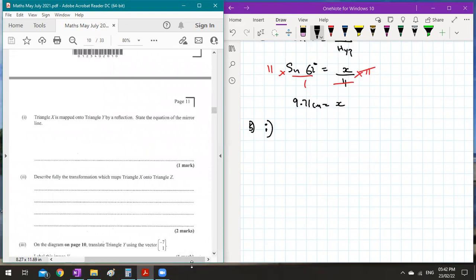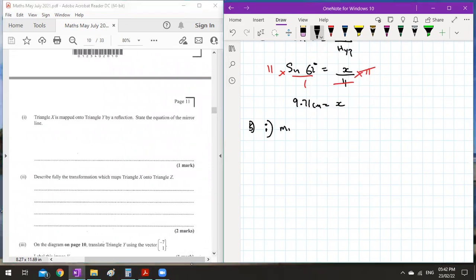So the mirror line is x equal to 0, no, not x equal to 0, y is equal to 0.